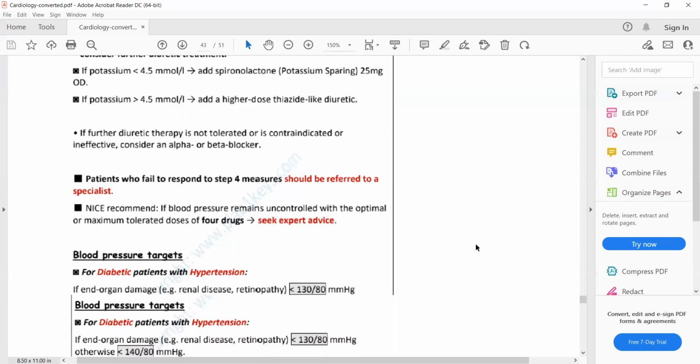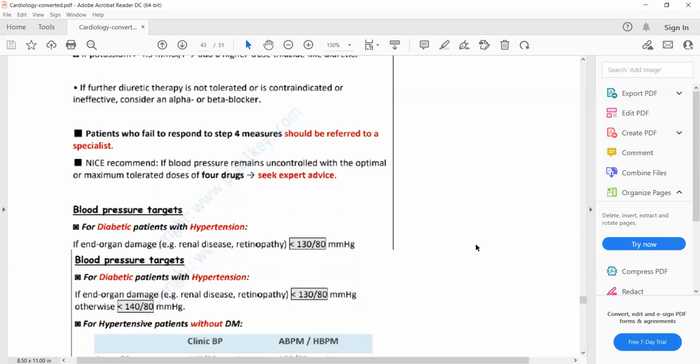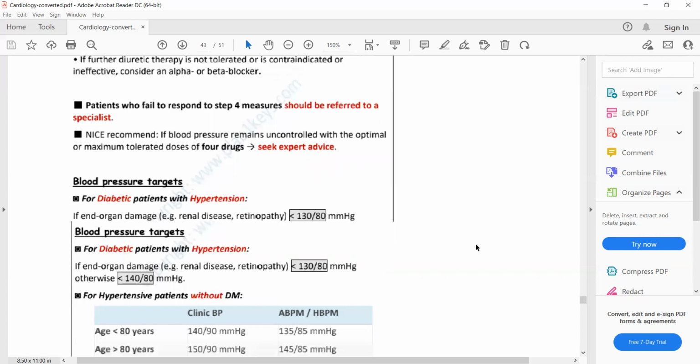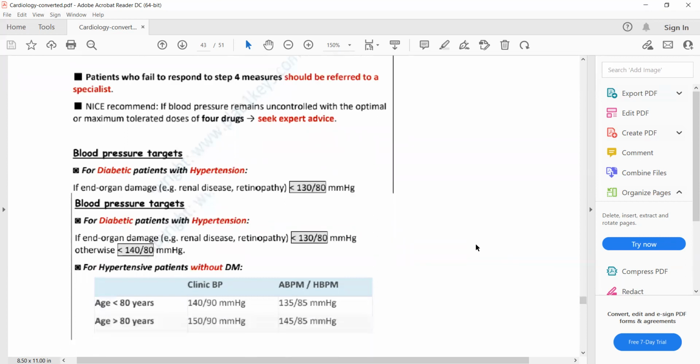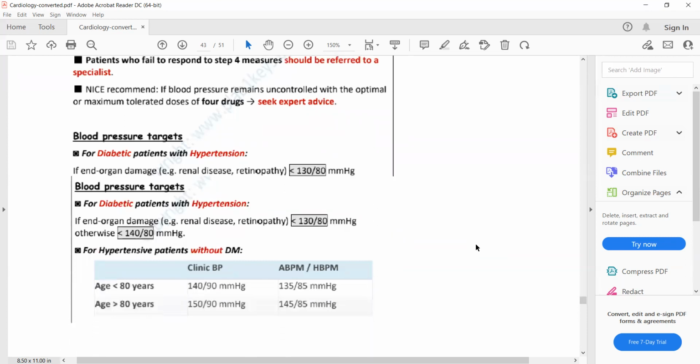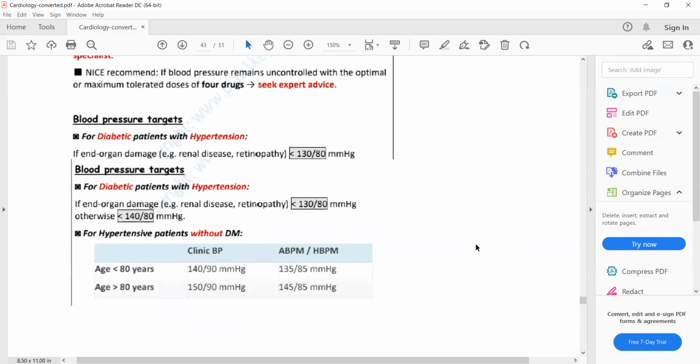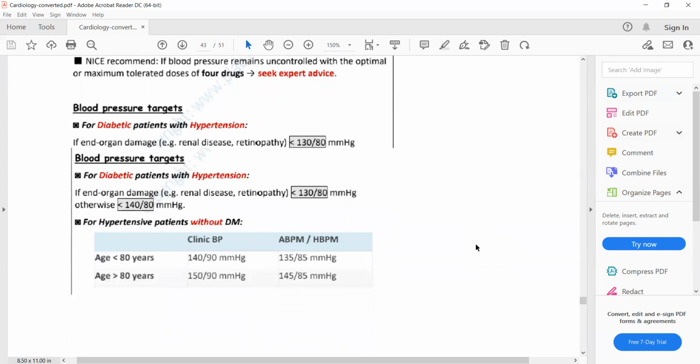So what are the blood pressure targets in different patients? For diabetic patients with end organ damage, the target blood pressure is less than 130/80.